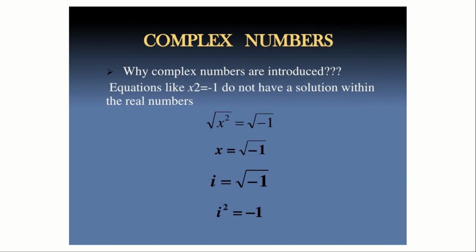So for -1 or any negative number, an imaginary alphabet is given as a constant. That is, i is equal to square root of -1. So the value square root of -1 is given by just an alphabet i, or i square is equal to -1, or i is equal to square root of -1.